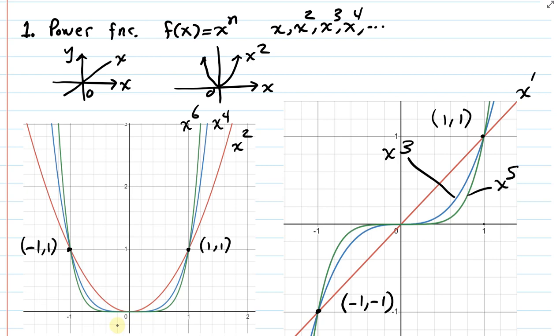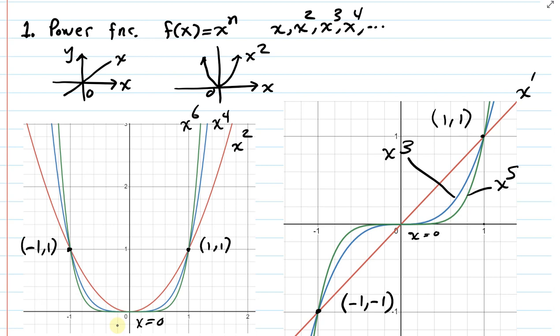We're going to keep this in mind as we graph the general polynomial functions later on. Notice that x equals 0 happens to be a zero of these functions. Again, that's without shifting them to the right or to the left.